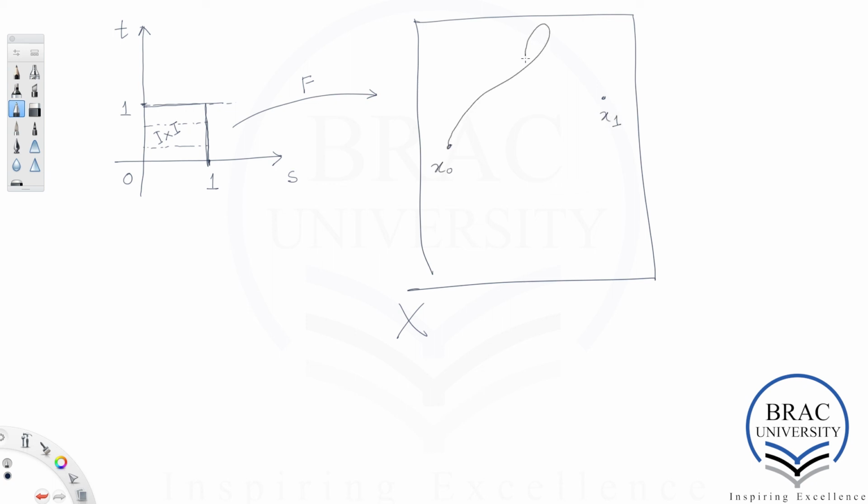So let me first draw the two paths. This is f prime of s, and we draw f of s here. And these dots correspond to two paths.